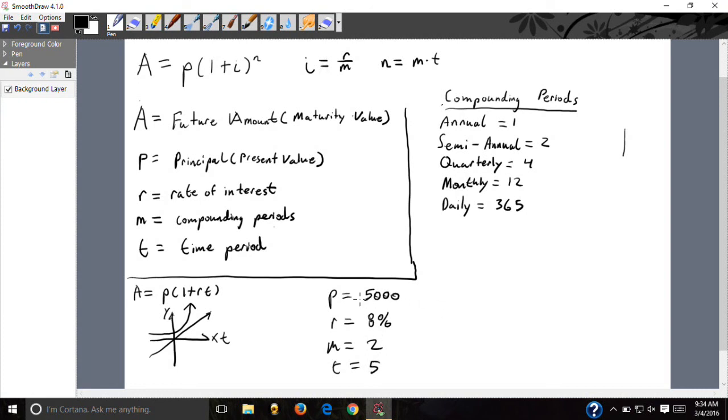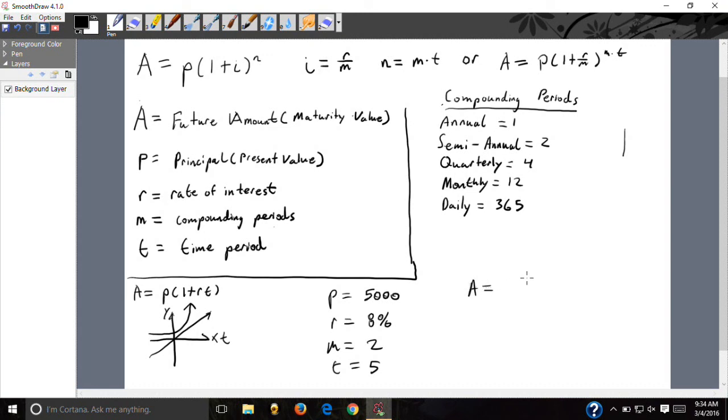So really what you're going to do is just plug them into your equation. And if I want to write out the expanded form of this, if I is equal to r over m and n is equal to m times t, then I can place in here by substitution r over m and m times t. So I'm going to go ahead and plug all these in.